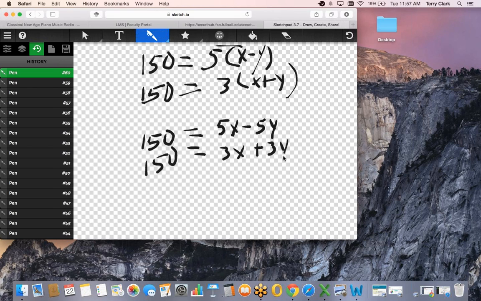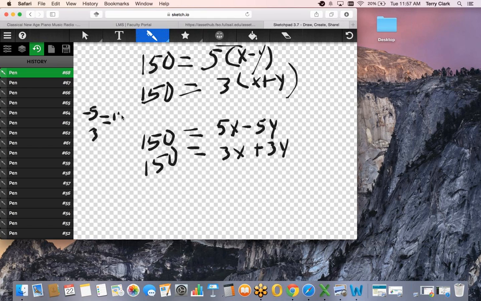Okay, now you can't cancel out either one of these the way they are, because 3 minus 5 will give you a negative 2, so that's not going to cancel it out. So we're going to have to find the LCM between the negative 5 and the 3. Because they're both prime numbers, you can multiply them together and it'll be 15.